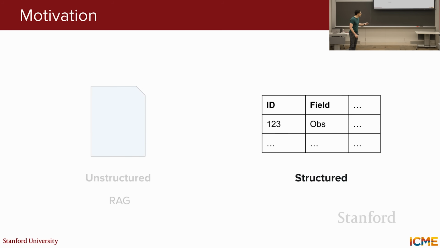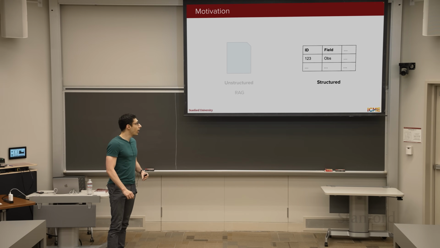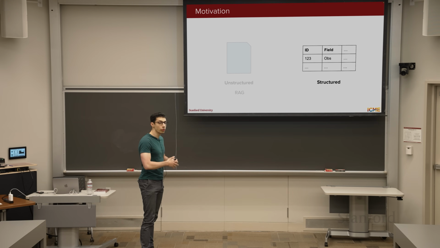Now we're going to see what we could do in the case where the data that we want to inject is structured. In the case of RAG, you have documents with words and words and words, and you just want to fetch the relevant documents to answer your prompt. But here, let's suppose that you have some structure that determines input-outputs in your data.